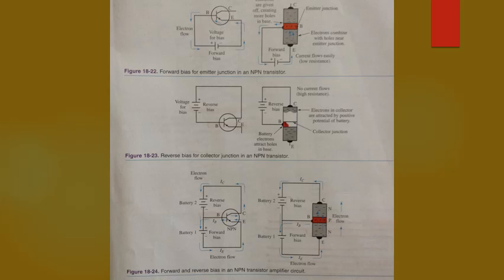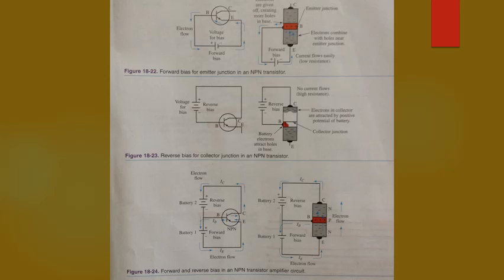For proper transistor operation, energy from the internal power source, battery, or power supply is needed to overcome these junction resistances. As discussed in section 18.2, a bias voltage must exist between emitter and base of an NPN transistor.